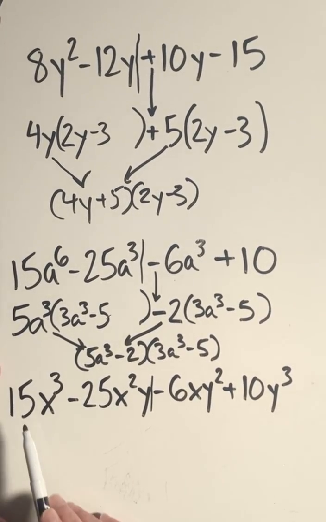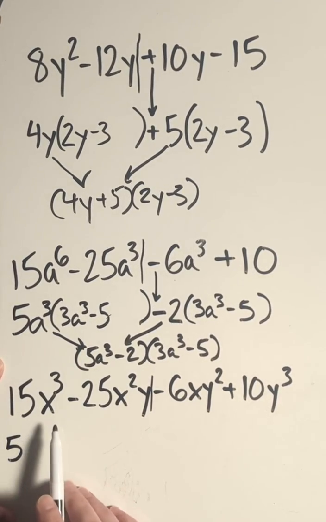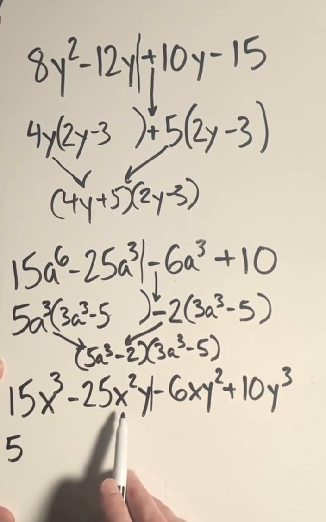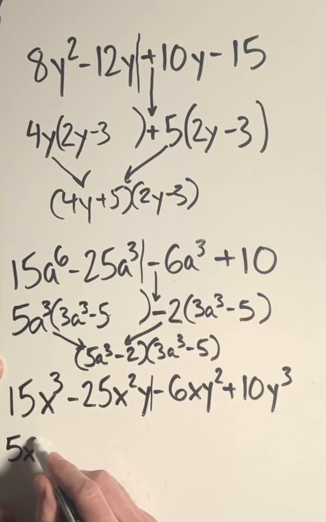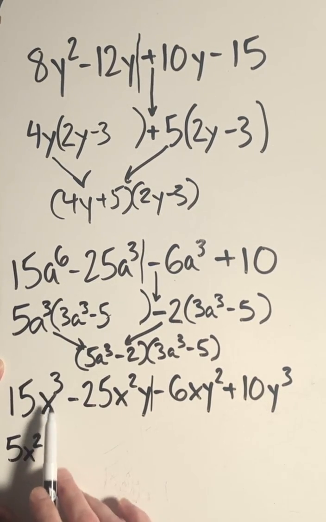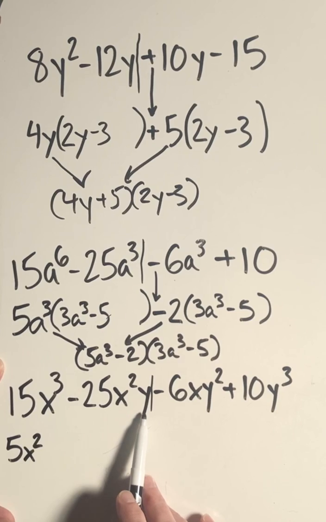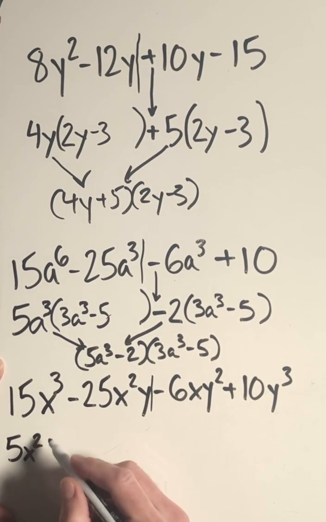Over here, I'm looking at 15 and negative 25, the same numbers that I looked at up here, so they have a common factor of 5. This has 3 factors of x. This only has 2 factors of x, so I know that 2 factors of x must be in my common factor. This has no factors of y at all, even though this has 1 factor of y, so my greatest common factor does not have any factors of y.